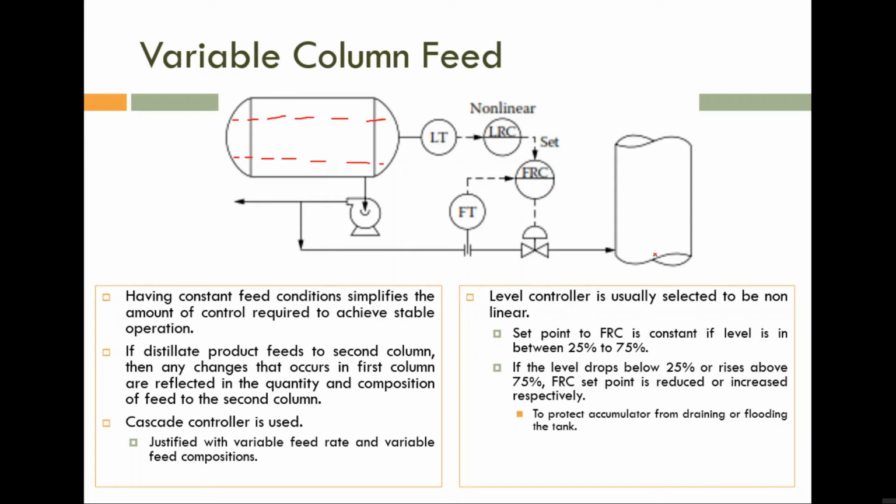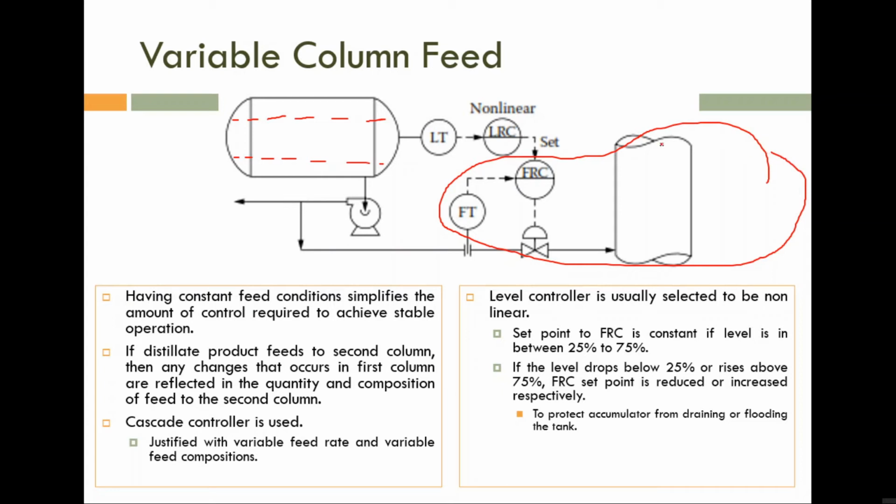So if we have an abnormal condition, means if the level of liquid inside the accumulator is greater than 75% or less than 25%, then we have to sacrifice this particular one. When the level of liquid is above 75% or below 25%, then there is a chance of overflow or a chance of draining condition. Okay, so at that point we have to sacrifice the stability condition of this second distillation tower.